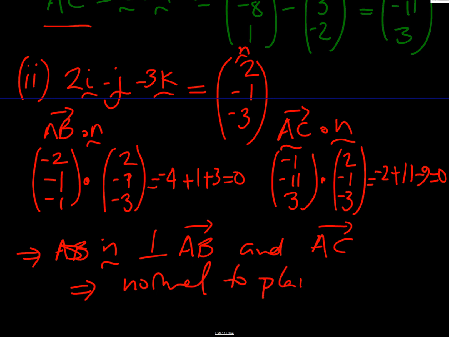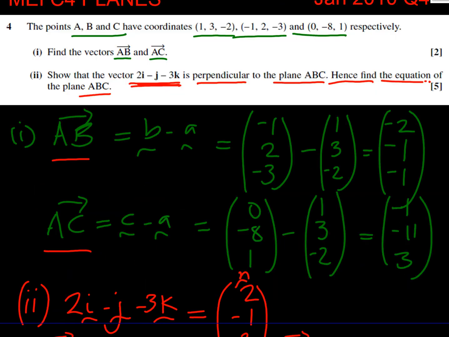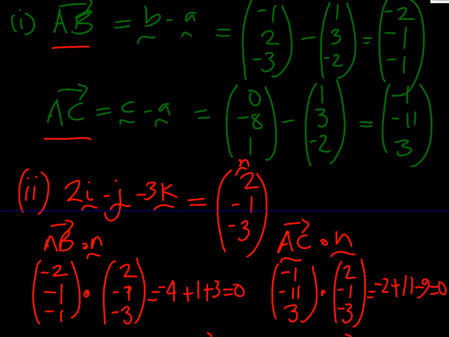Okay, final part they asked us to do was to find the equation of this plane, and we know it goes through all of those points, so I can just pick a point and find my constant.